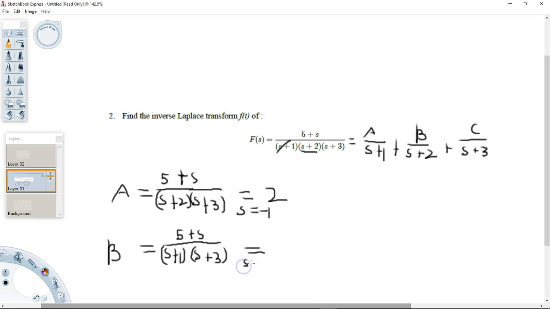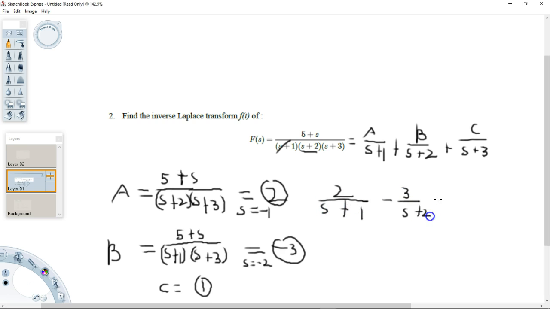So when you set that to -2, you'll get -3. If you follow this trend for the last one, you'll get C is equal to 1. So taking these components, your overall function in the time domain would look something like this.